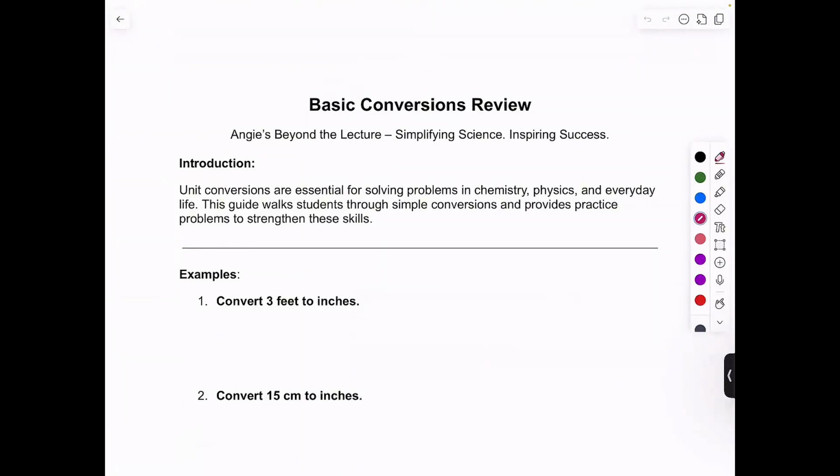And if you're a student who has been out of school for a while, needs to brush up on conversions, or if you simply want to revisit conversions and be ready for additional practice in chemistry as your chemistry semester is moving right along, you're in the right place. I'm going to go ahead and cover basic conversions here.